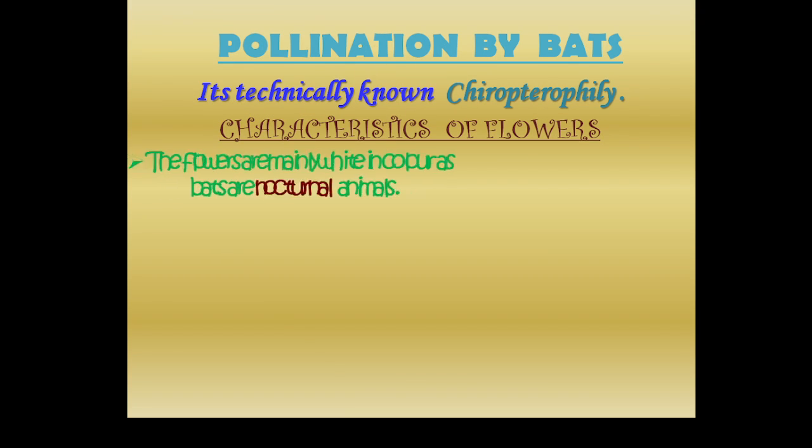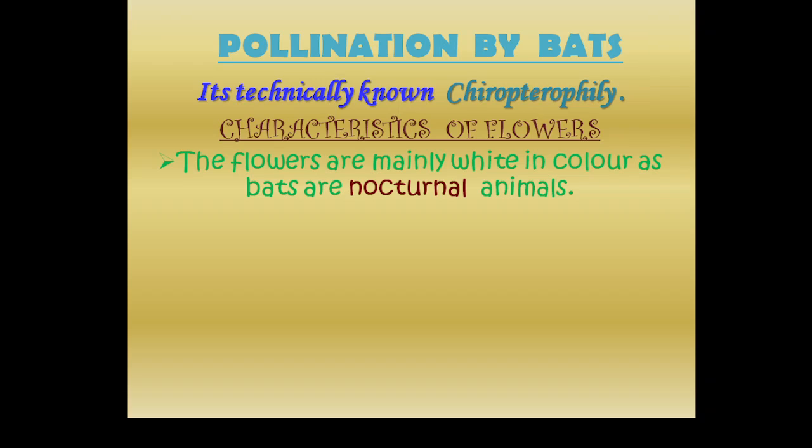Characteristics of flowers. The flowers are mainly white in color as bats are nocturnal animals. Now what does nocturnal mean? See, once more see it. Nocturnal, I have highlighted. Nocturnal means active at night.